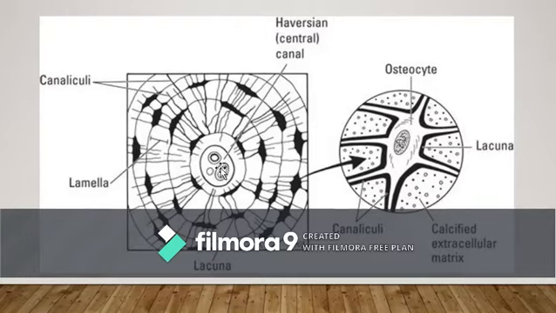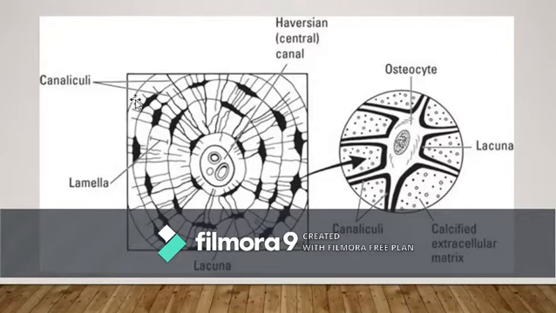This is the area where the blood vessels and the nerves are present in the bony tissue. Since they cannot penetrate the matrix, this is a certain adaptation where other structures could deliver the nutrients needed by the osteocytes.